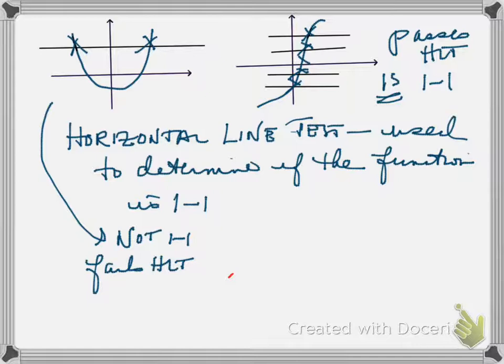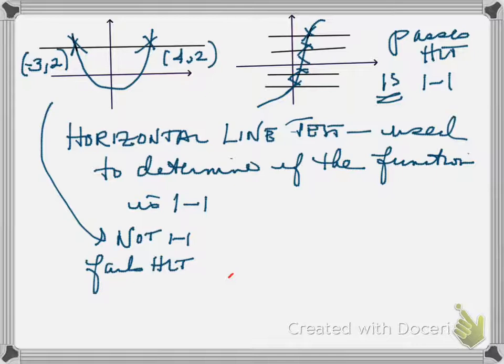Again, why does the horizontal line test work? Let's take a look at some ordered pairs. If we go back over here to the parabola, and you were to make up two ordered pairs that would go where the x's are. So for this ordered pair over here on the left, I'm going to say that this ordered pair is (-3, 2). And for the ordered pair over here on the right, I'm going to say that it is (4, 2).